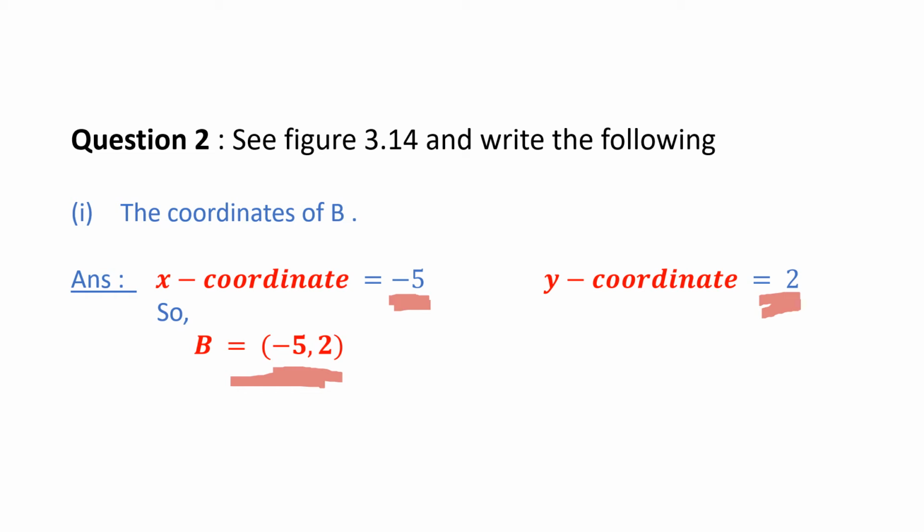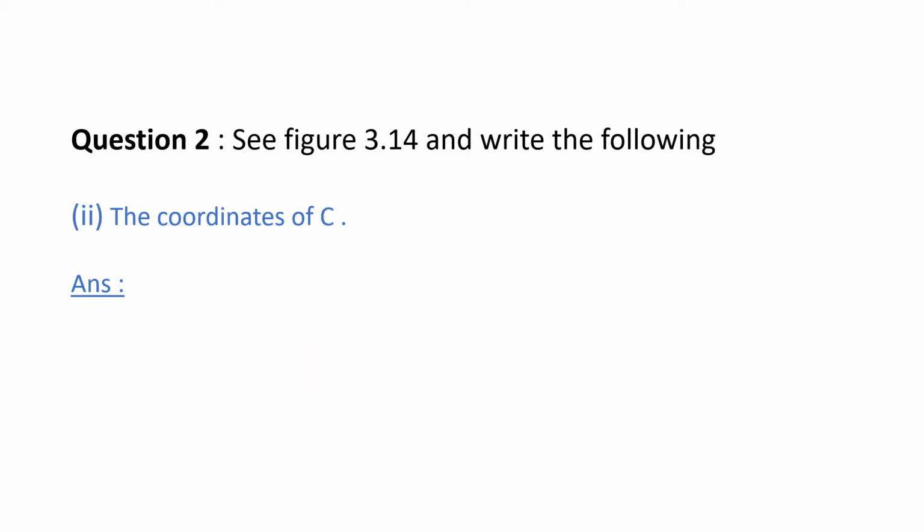Okay. Next, the coordinates of point C. So let's look at the figure again. Where is point C? This is point C, you can see here, right? In point C, you can see the x coordinate is 5. The line is drawn from 5, so the x coordinate is 5 and the y coordinate is -5, right?